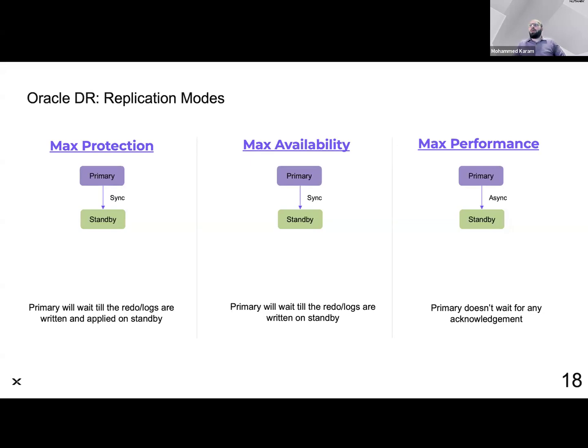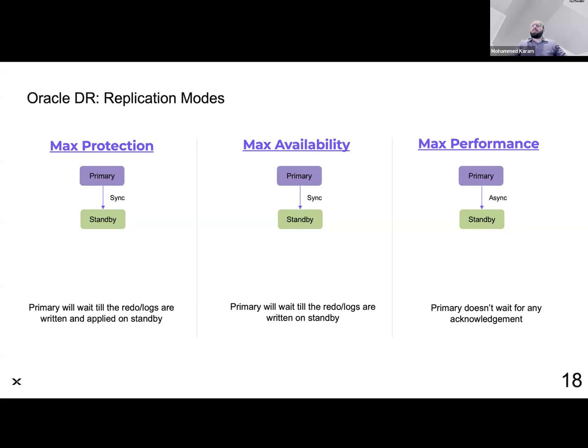Max availability is different in the sense that you get the synchronization of the logs as well, but the application of the logs is not something that you wait on with max availability. So they may be applied, but that's not a guarantee that you're receiving in that configuration.